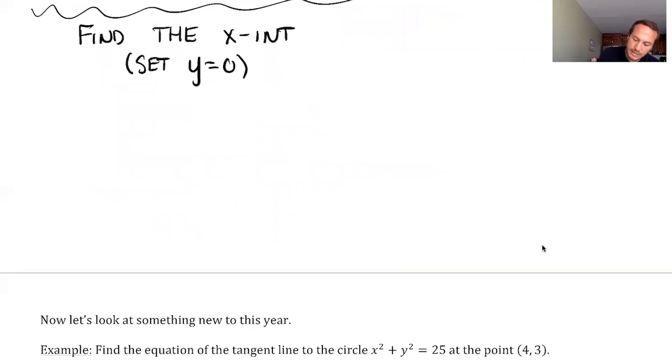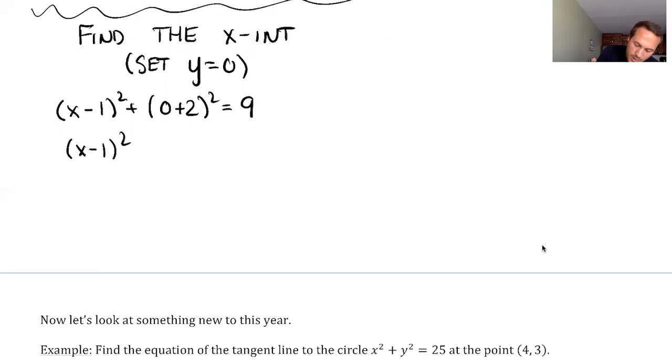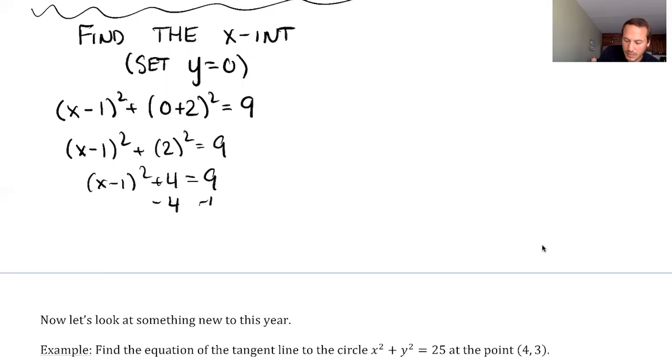So to find the x-intercepts, I'm going to have x minus 1 squared plus 0 plus 2 squared is equal to 9. I'm actually going to leave this as x minus 1 squared plus 2 squared is equal to 9. What that's going to do for me is x minus 1 squared plus 4 equals 9. Subtract 4 on both sides. x minus 1 squared is equal to 5.